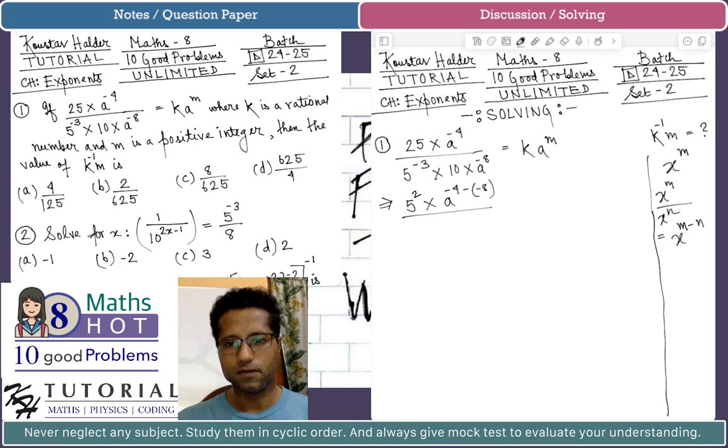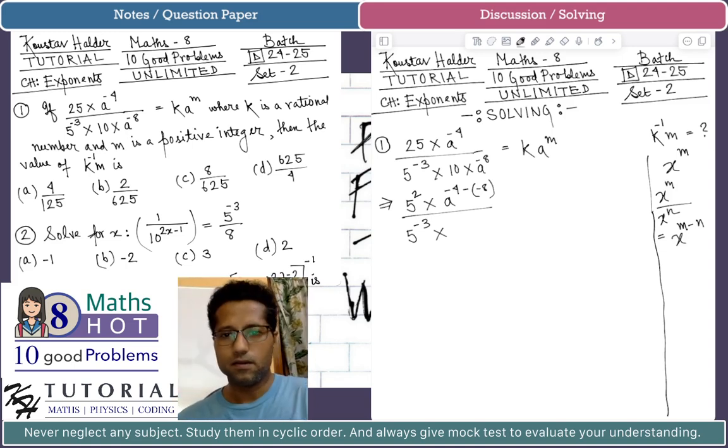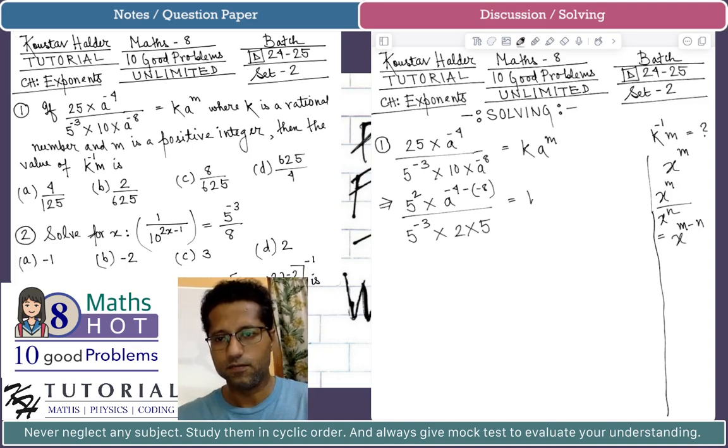And in the numerator we have 5 raised to the power minus 3, and 10 we can write as 2 multiplied by 5, and on the right hand side we will leave it as it is.